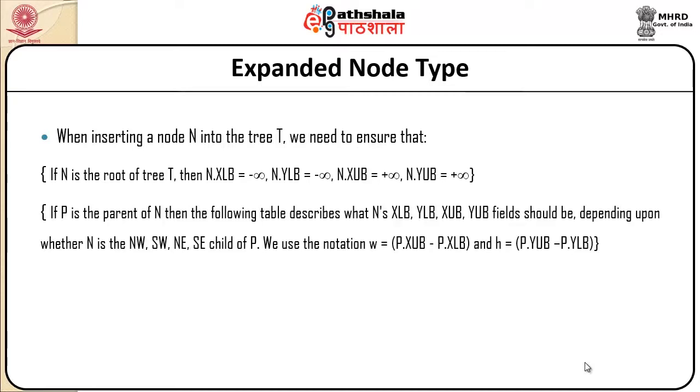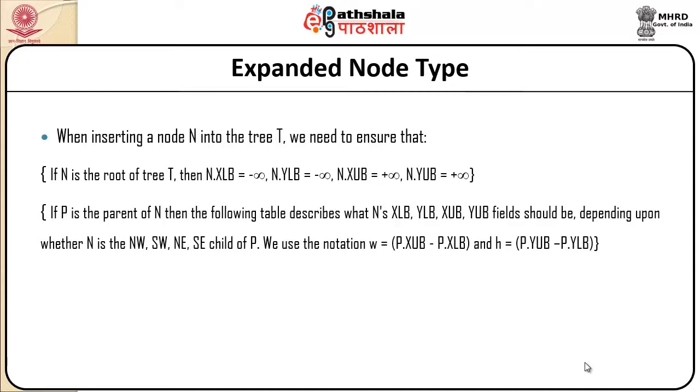That means from minus infinity to plus infinity on Y, and minus infinity to plus infinity on X. If n has a parent P, then the following table describes what n's X lower bound, Y lower bound, X upper bound and Y upper bound fields should be, depending upon whether n is the northwest, southwest, northeast or southeast child of P.